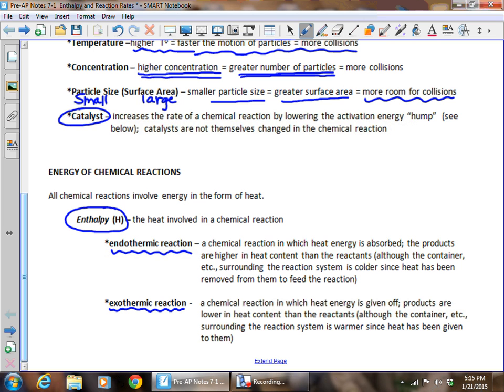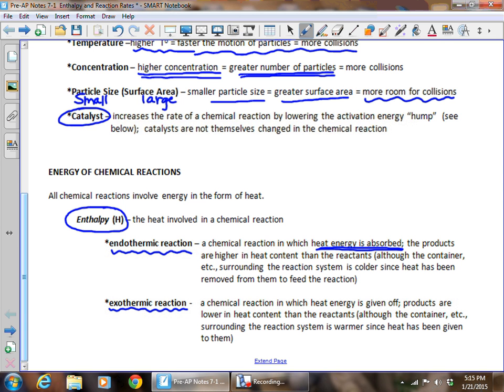The heat that is involved could be part of an endothermic reaction, and just like endoskeleton, which you've probably dealt with in biology, inside, in, we've got an endothermic reaction in heat, taking in heat, absorbing heat. Heat energy is absorbed in an endothermic reaction.